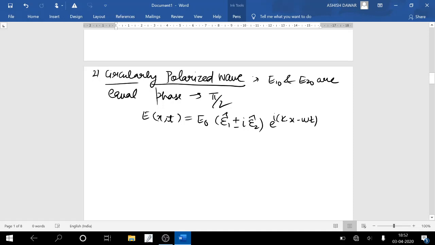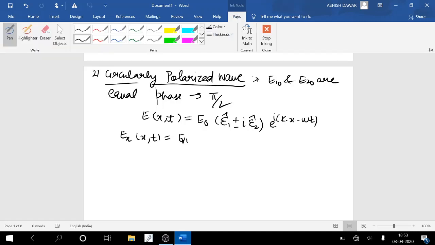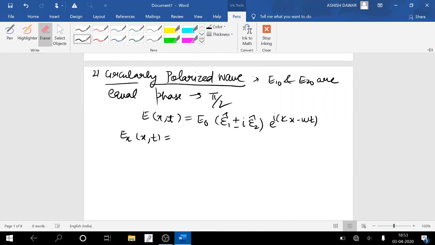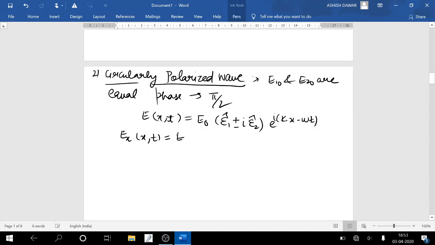If we take the real parts of the equations, then we have Ex(z,t) equals E10 cos(kz minus omega t) and Ey(z,t) equals minus or plus E20 sin(kz minus omega t).